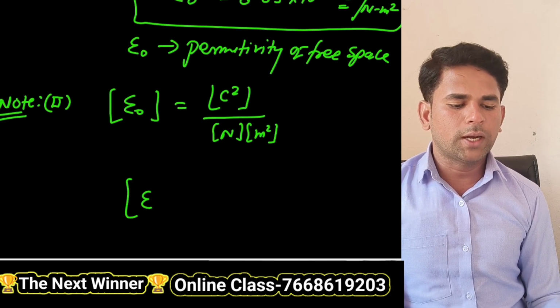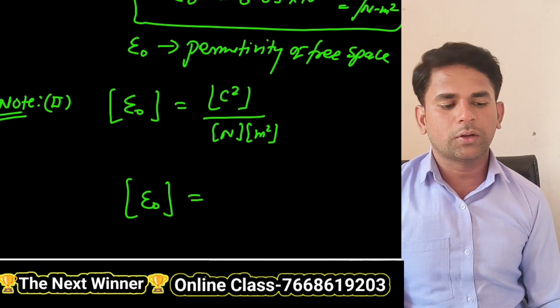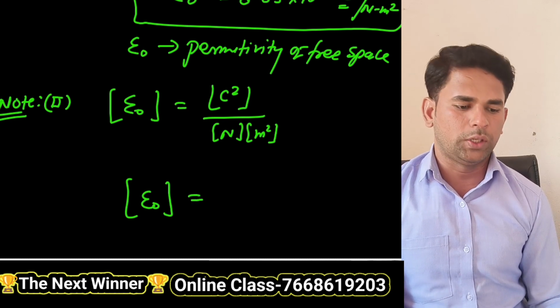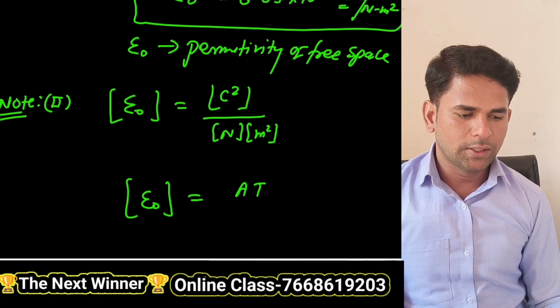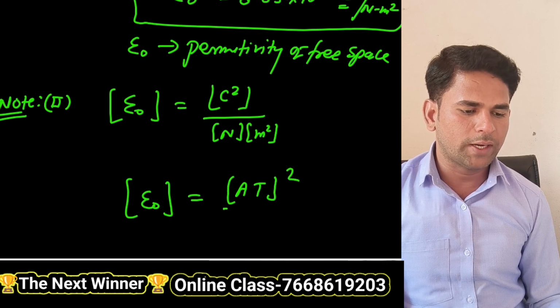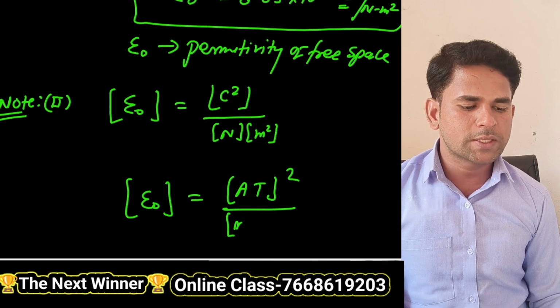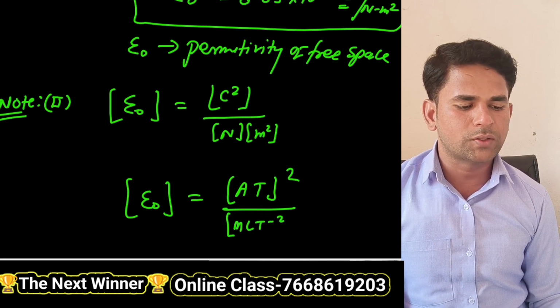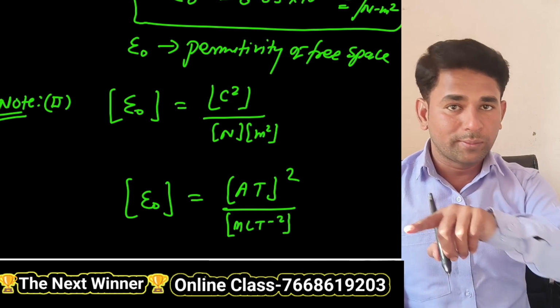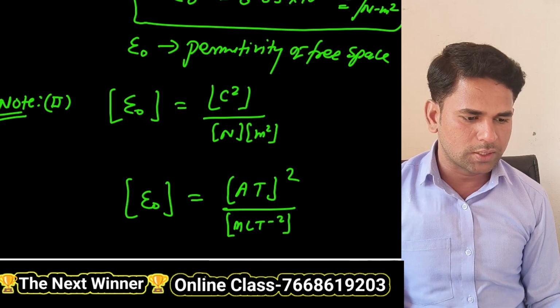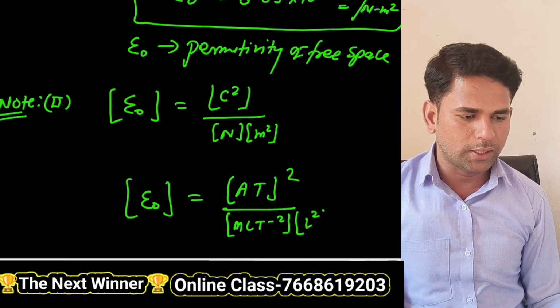So epsilon naught is equal to Coulomb, and Coulomb means A into T, so AT whole square, divided by Newton, the unit of force. Force means MLT minus 2, and meter means length, so L square.